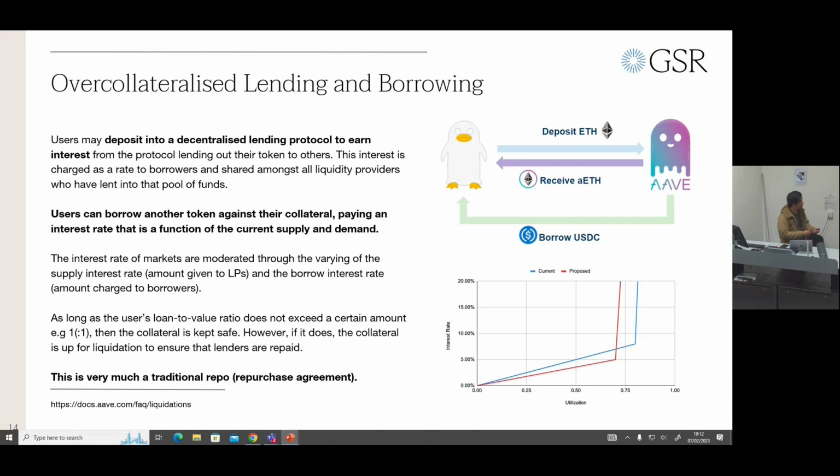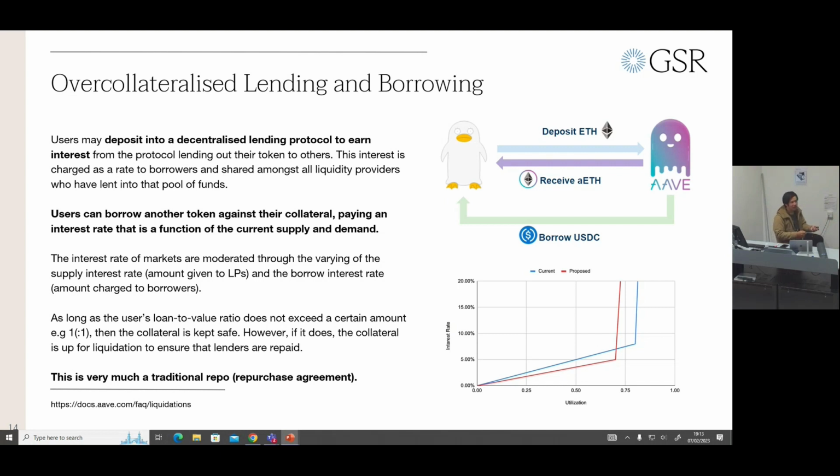Let's say $850: if the price of Ether falls from $1,000 to $850, then my collateral can be liquidated. The protocol will liquidate your assets, essentially sell it off for Uniswap tokens, and it will give the lender back the original $800, whilst keeping $50 for themselves as a buffer.